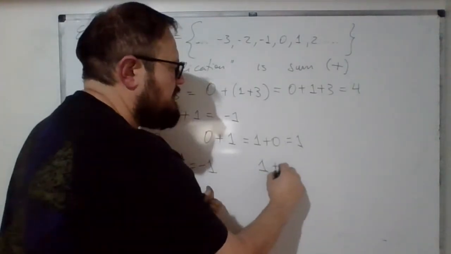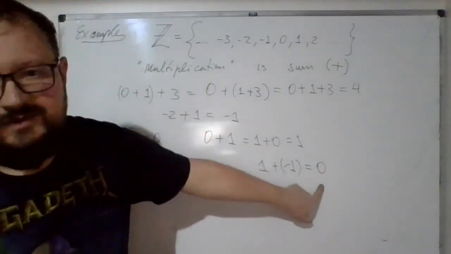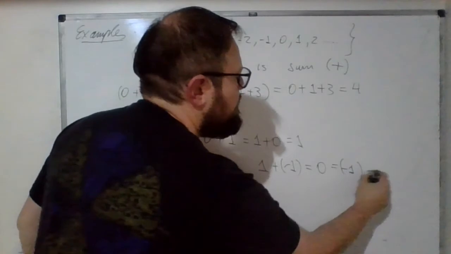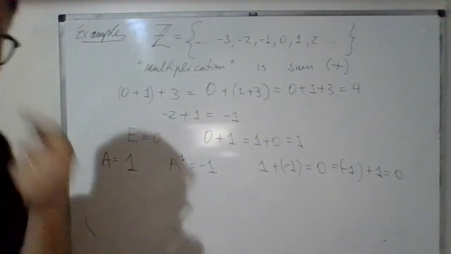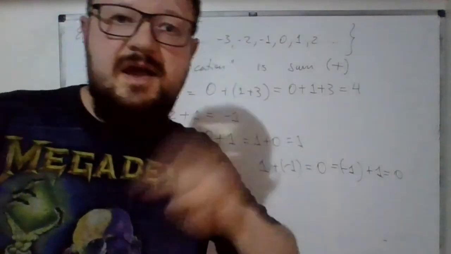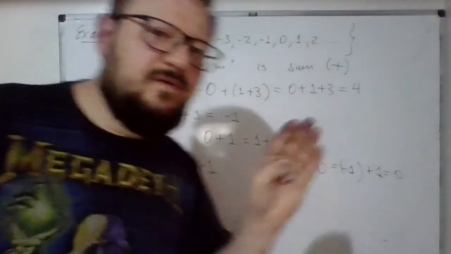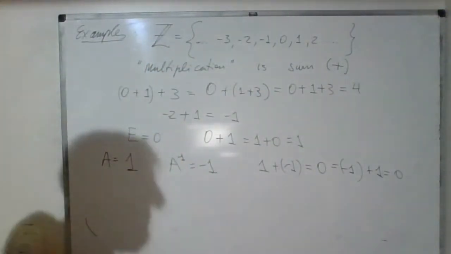Because 1 plus minus 1 is the identity, 0, which is the same as doing the operation in the reverse order, all right? It's also 0. So it satisfies all the requirements for being considered a group, all right?